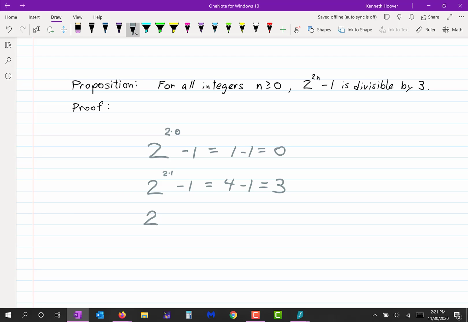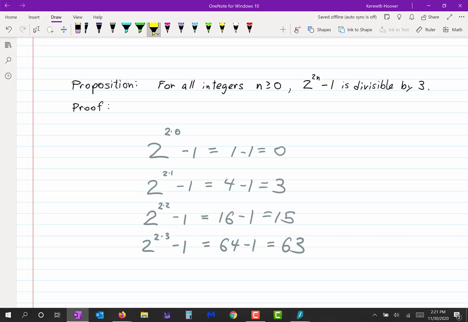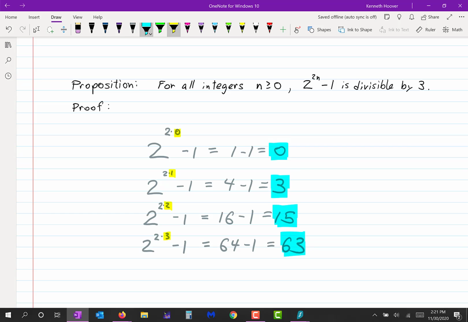When n is 2, you have 2 to the power 2 times 2 minus 1, which is 16 minus 1, which is 15. Is that divisible by 3? Yes, it is. So it's looking to me like what they said is probably true. Every time I put an integer equal to or greater than 0, I appear to get something that's divisible by 3. Okay, so at least I believe what I'm trying to prove.